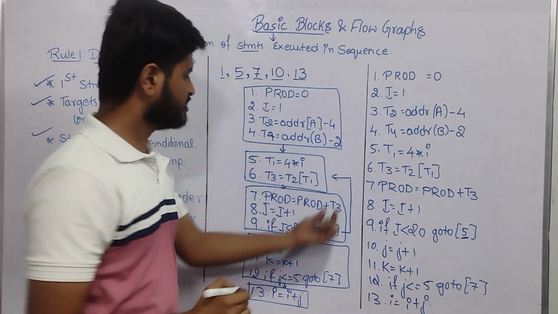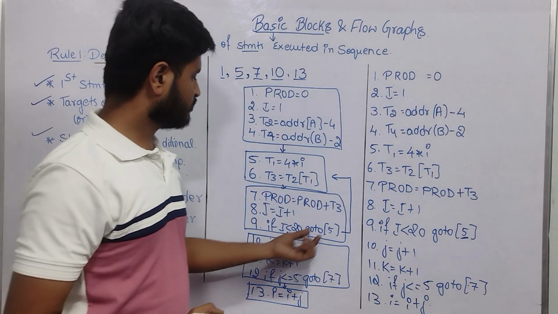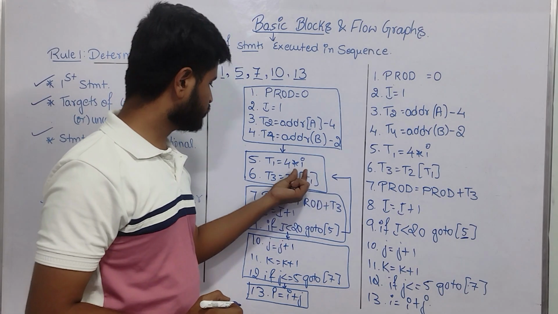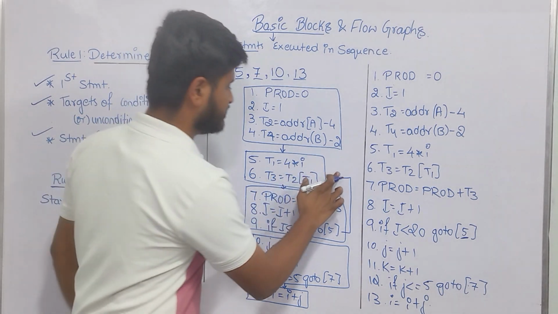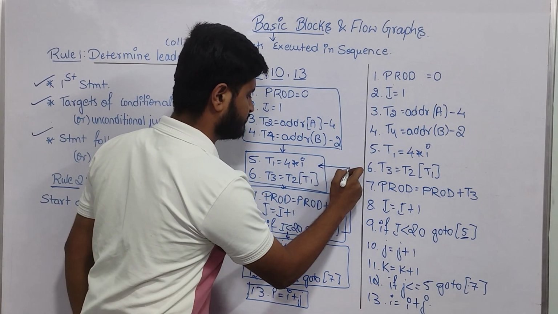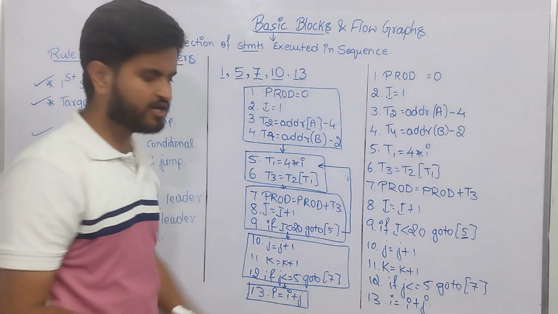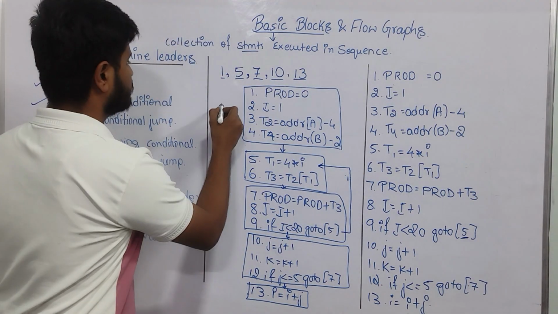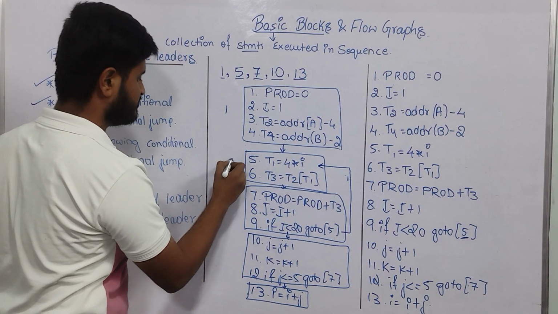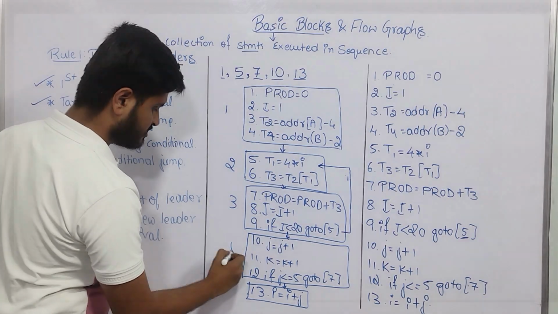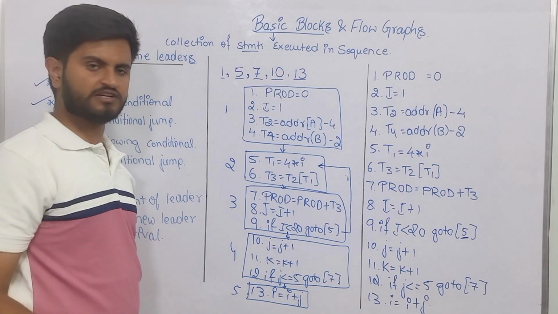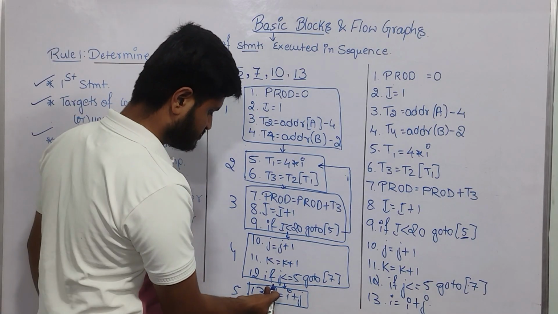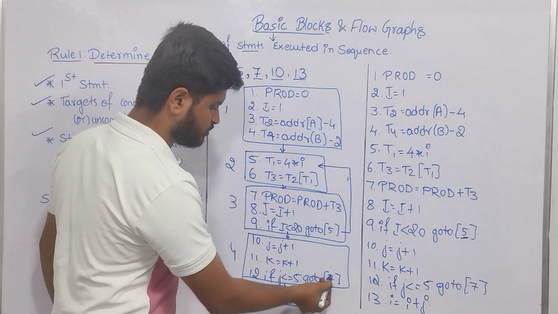So you must redirect the arrow towards this block. You can represent it using the arrow here, up to 5, because the target is 5. This is block number 1, this is block number 2, 3, 4 and 5. There are 5 basic blocks. Next, if you see here, if j is less than or equal to 5, go to 7.